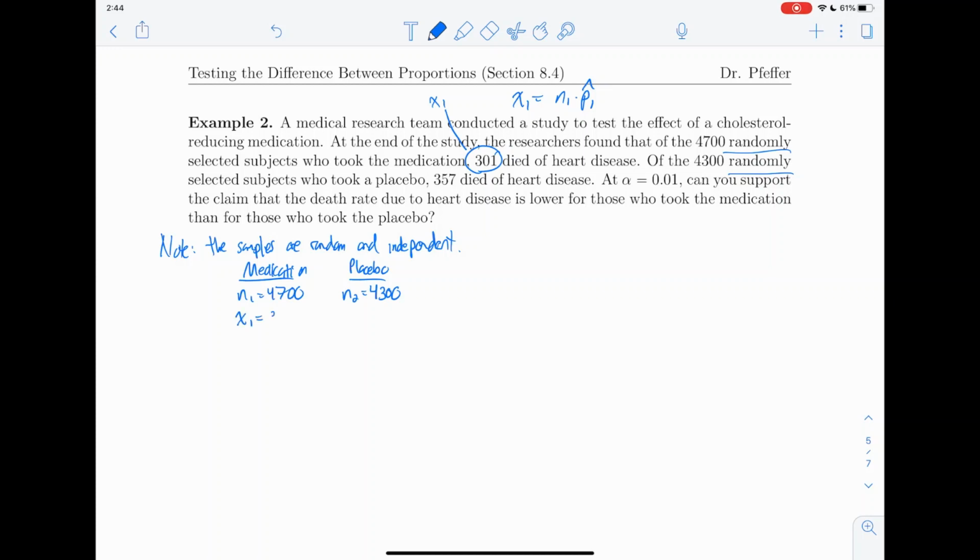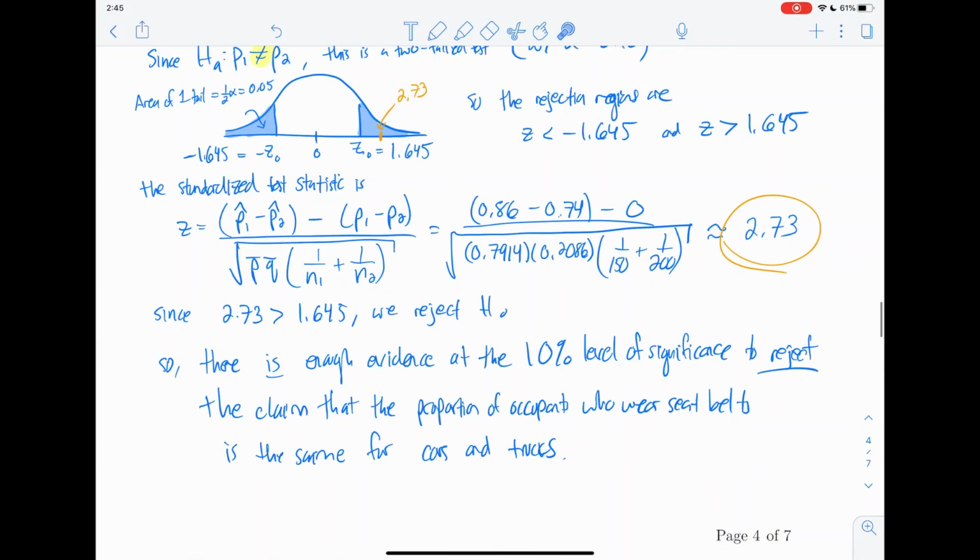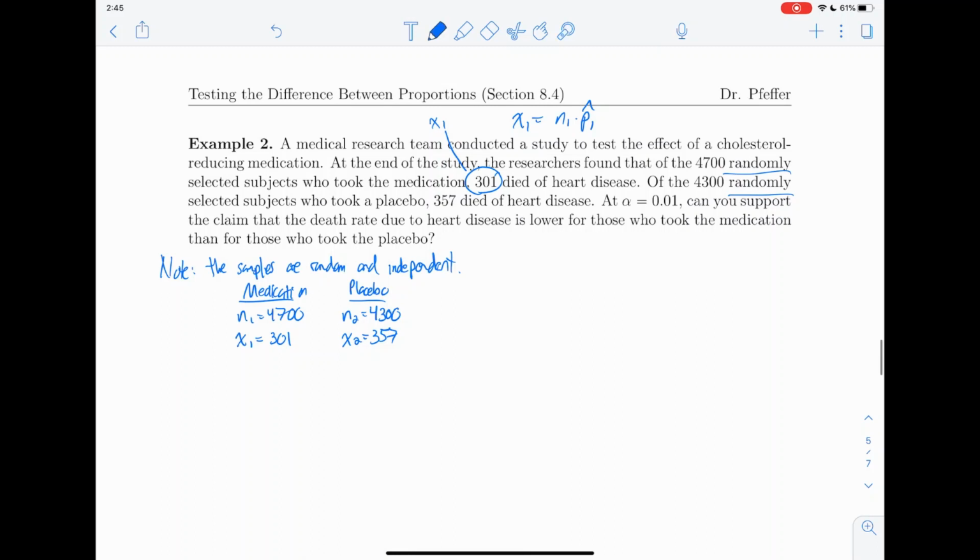So X1 was 301 and X2 was 357. And so you might think this is maybe a waste of time, because you can compute the P bar and the Q bar with just the X1 and X2 value. But we do actually need the P1 hat and the P2 hat, because that'll become relevant when we actually compute the test statistic later, like we did up here. So we are going to write that down.